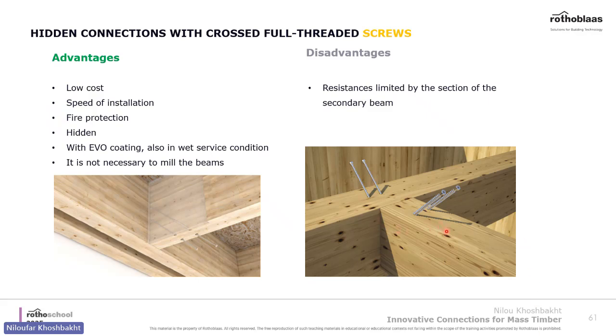You don't have to mill beams. The disadvantage is that if you have a smaller beam, a smaller cross section, the resistance will be limited by the height and the thickness of the beams that are connected to each other.